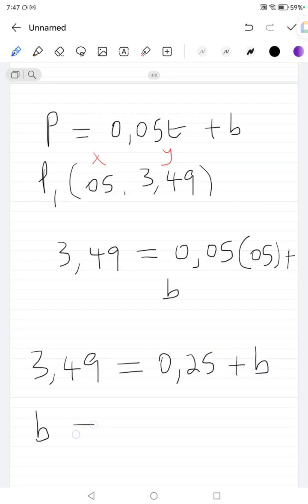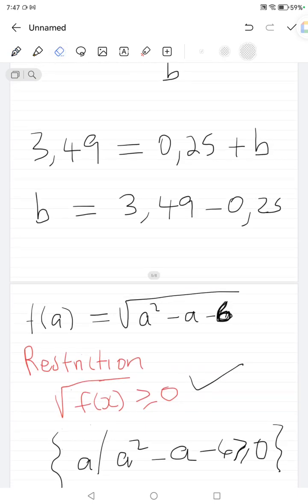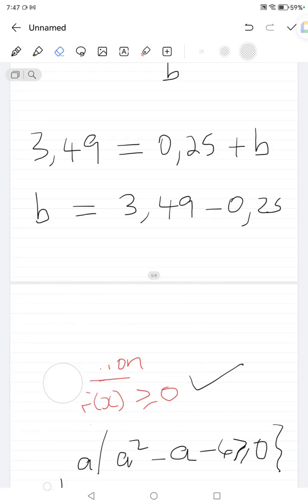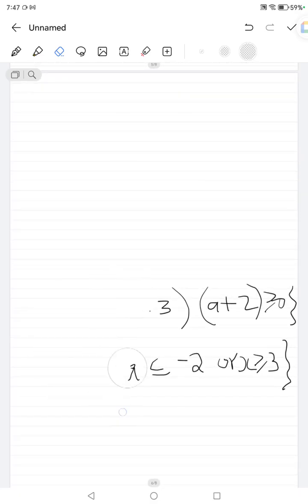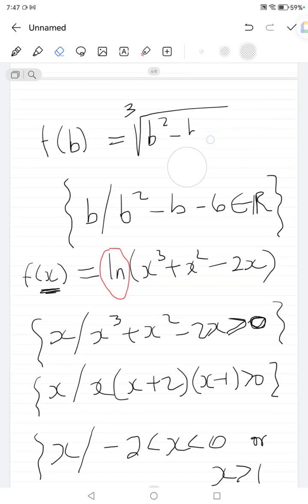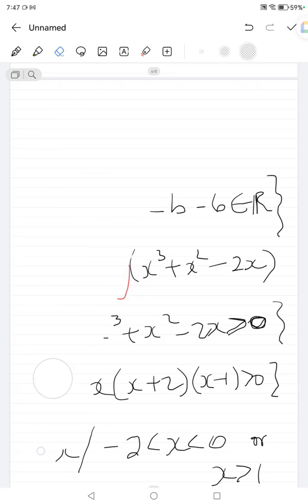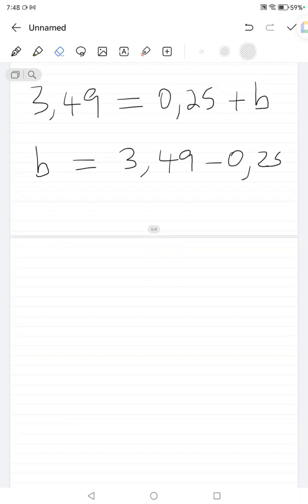Therefore, b equals 3.49 minus 0.25, which is 3.24.